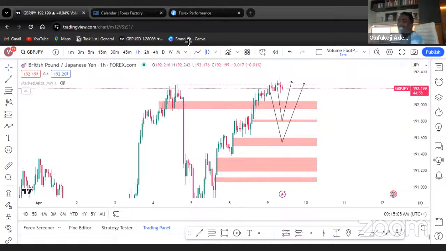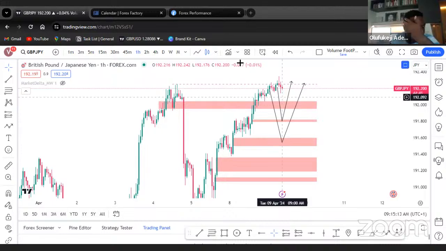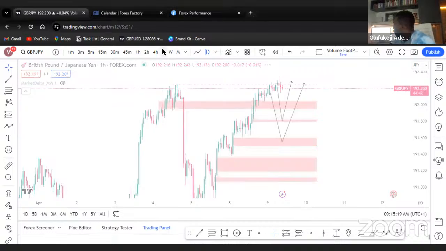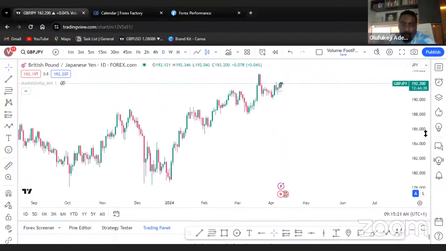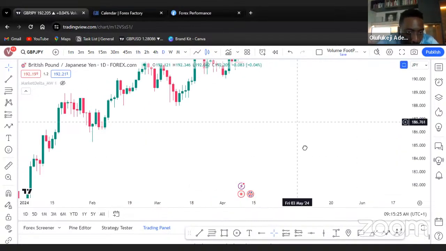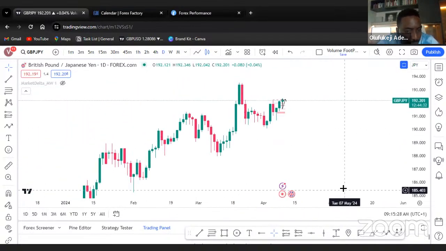Now, of course, if you look at it on the higher time frame, on the daily, yes, risk is on. But look at what's happening on the daily. This is what is giving me a little bit of cause for concern.